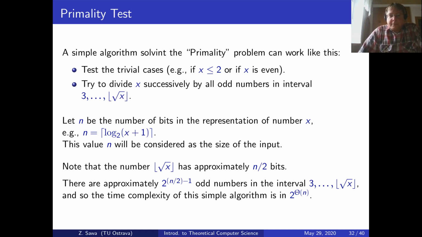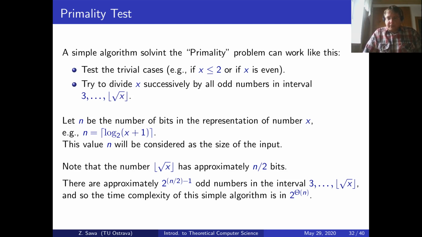It can be made slightly more efficient. Of course, we could analyze the small trivial cases like 0, 1 and 2 as special cases. So we concentrate on numbers which are greater or equal to 3, and we can also easily check if a number is even. We just divide by 2, so if it's greater than 2 and even, it's not a prime.